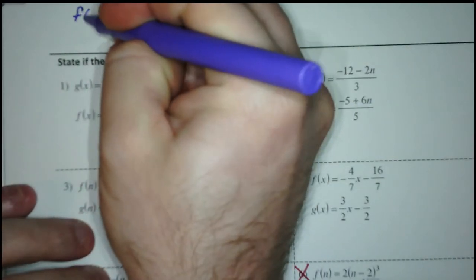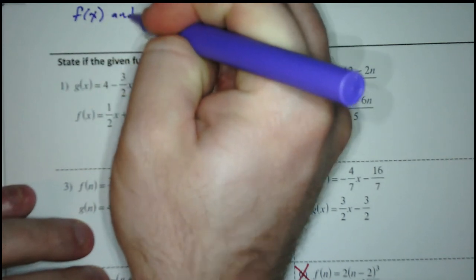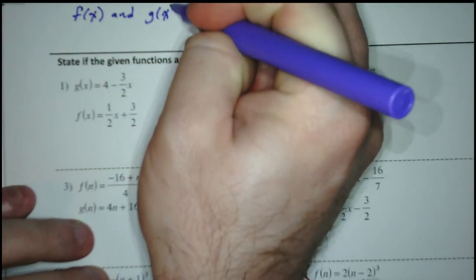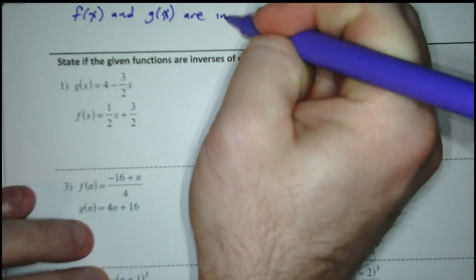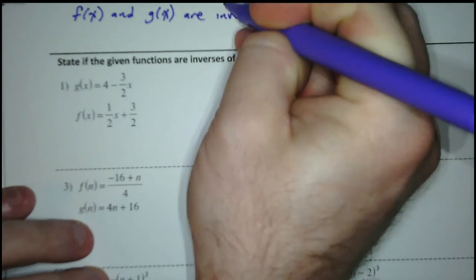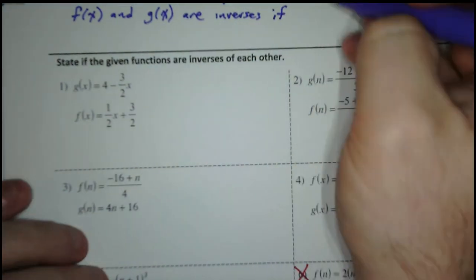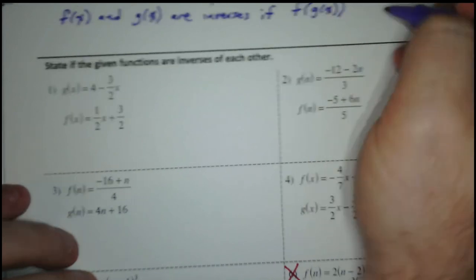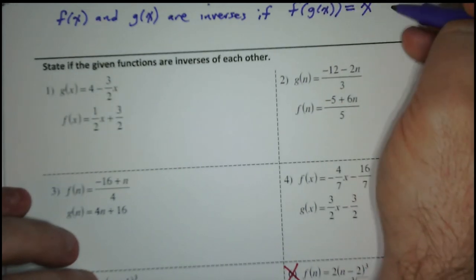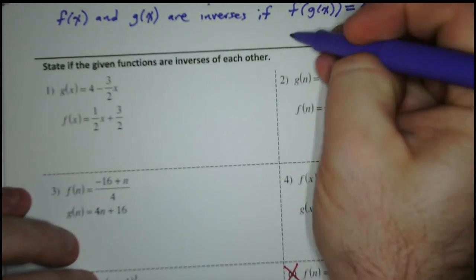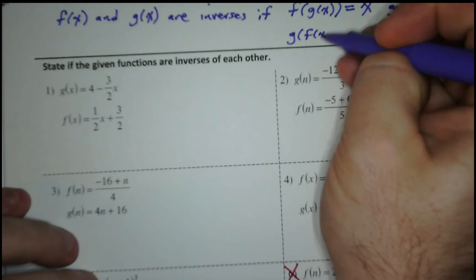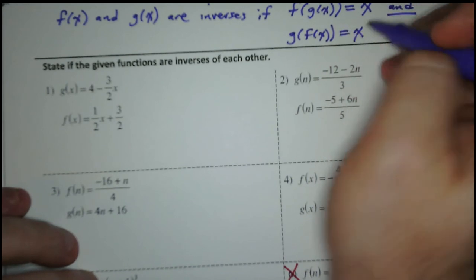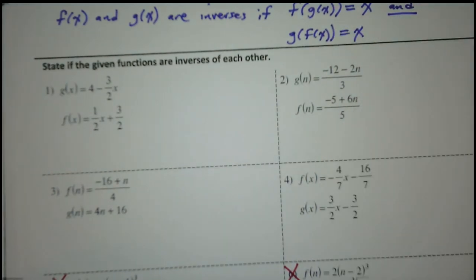Let's say f of x and g of x are inverses if f of g of x equals x and g of f of x also equals x.